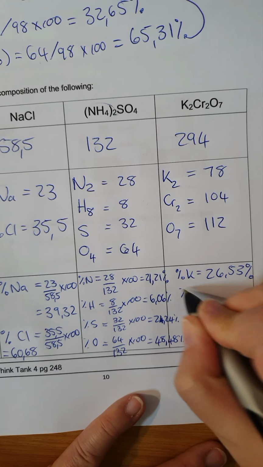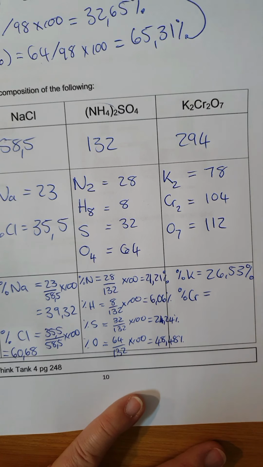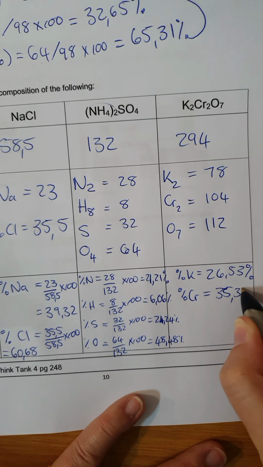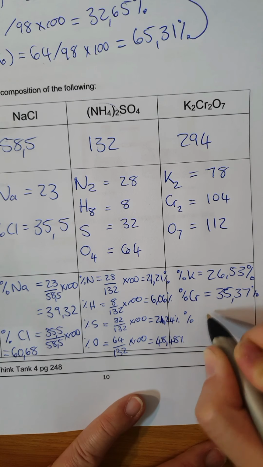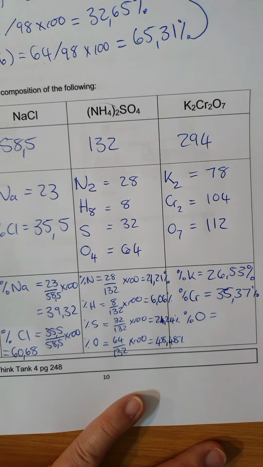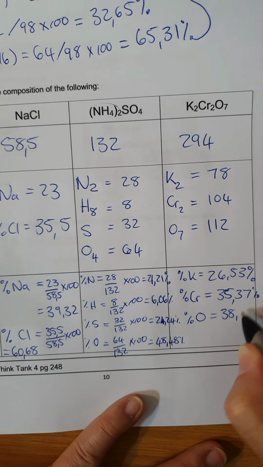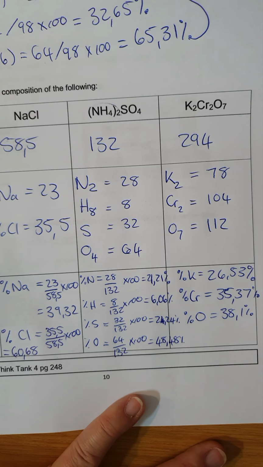Percentage chromium, 104 divided by 294 times 100, 35.37, and percentage oxygen, 112 divided by 294 times 100, 38.0 or 38.1.